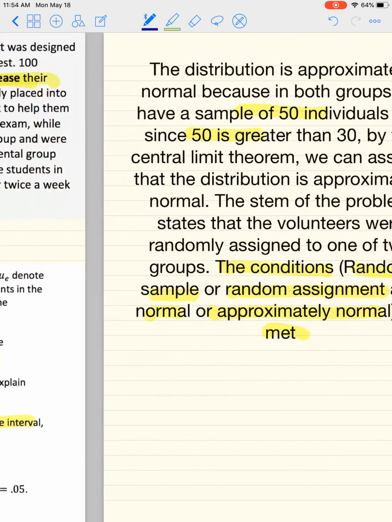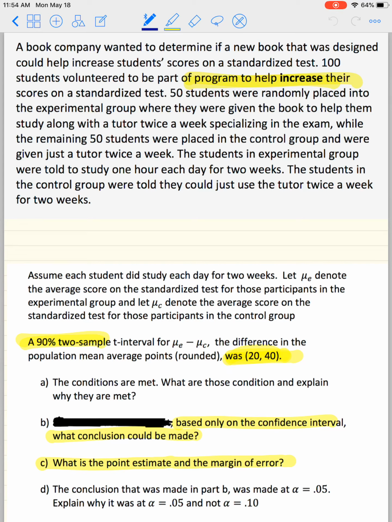Now, the final question, well, I added the last question, letter E. But letter D, the conclusion that was made in part B was made at alpha equals 0.05. Explain why it was at alpha equals 0.05 and not 0.10. That's a great question. I'm so glad I made it up. Well, this is a 90% confidence interval, okay?